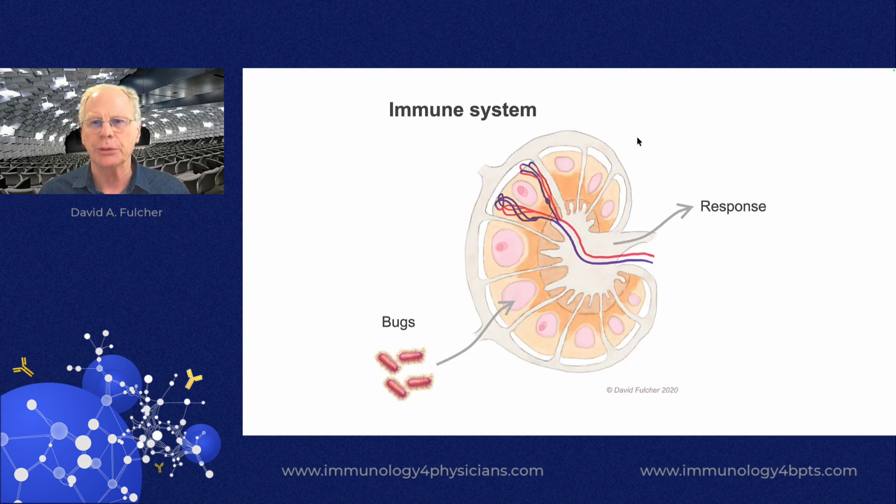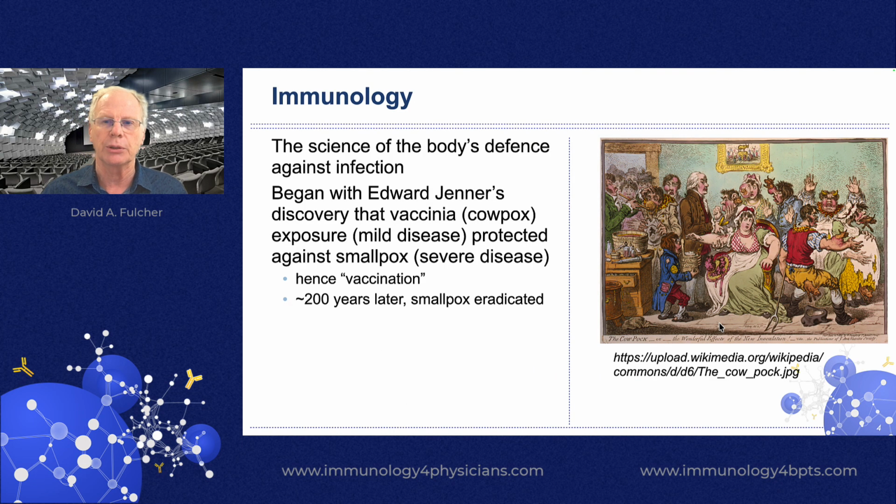So, the immune system is designed to protect ourselves from invasion by bugs. Bugs come into the system, it goes into the lymphoid tissue, we make a response. We're going to flesh this system out, obviously, in quite some detail in the course, but that's basically what we're talking about.